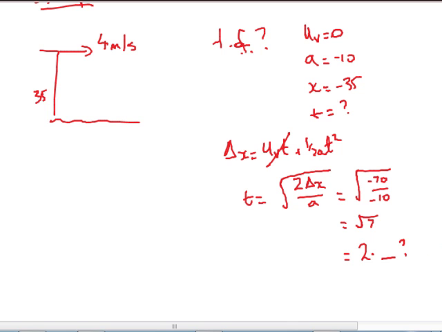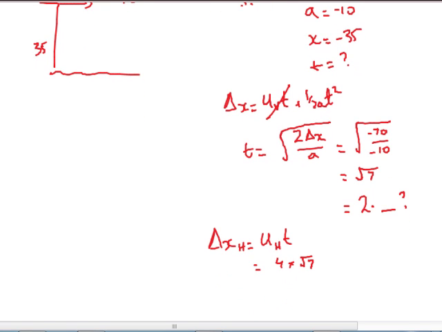Okay, from there, if I wanted to then work out the range, delta xH equals UHT, which would be 4 times root 7. Use the exact value that you calculated, rather than the rounded answer you gave in the question before. Avoid carrying on rounded errors, which will multiply the more you use them.